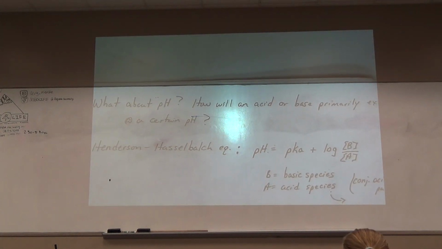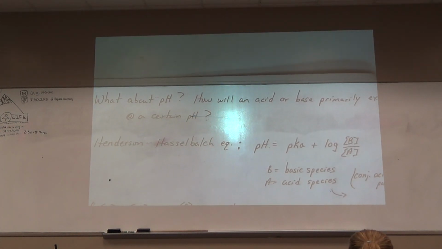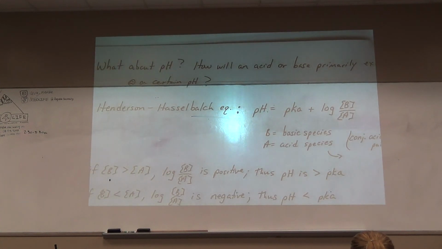What about pH? How will an acid or base primarily exist at a certain pH? This is spelled out by the Henderson-Hasselbalch equation. You probably have not seen that. You have seen that? Okay, then you know all this.